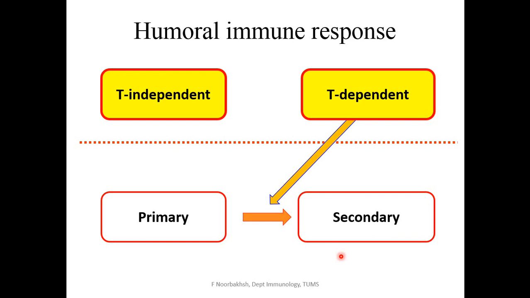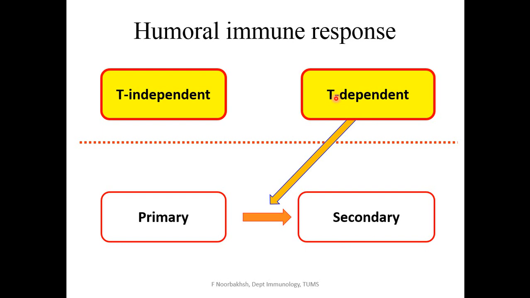Primary here mostly means primitive, not very complicated, not very sophisticated type of response. And secondary means more complicated, more sophisticated type of response. And the evolution from primary response to secondary response is a process which requires involvement from T cells.